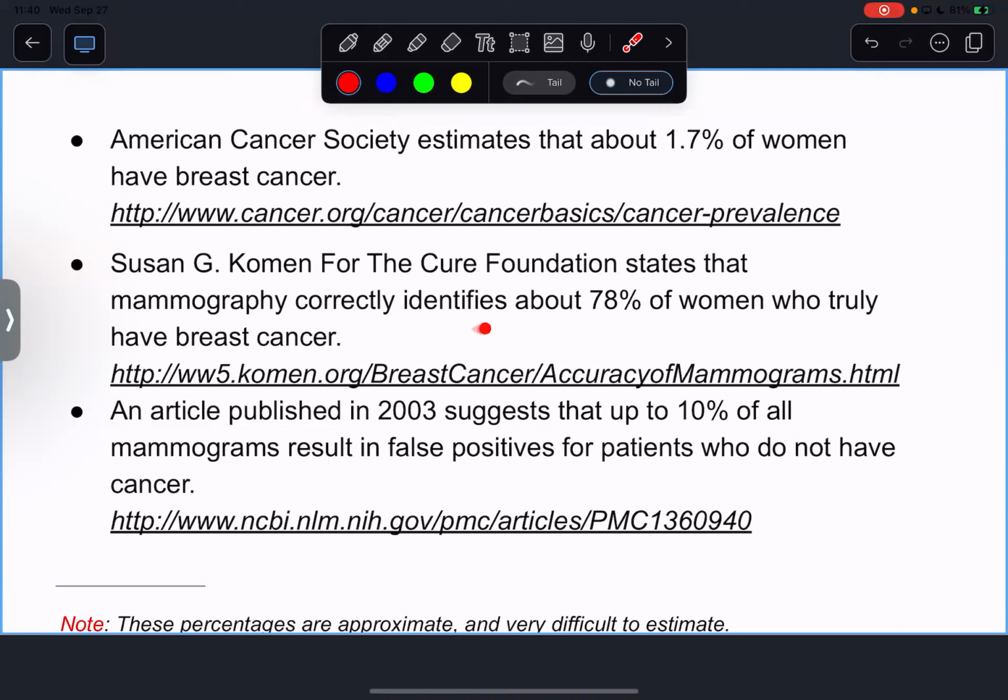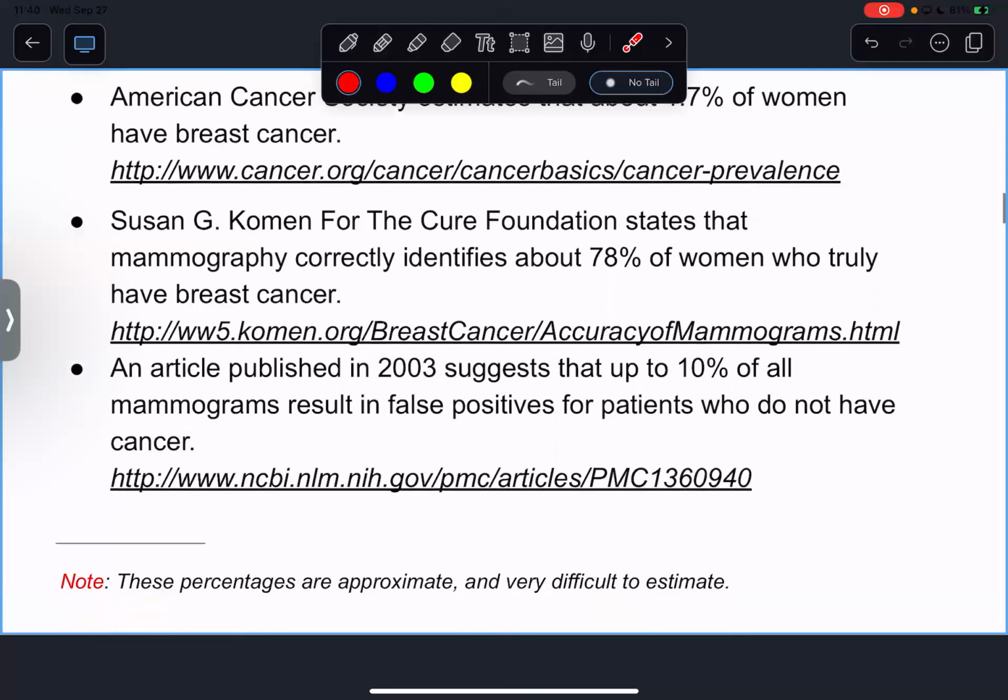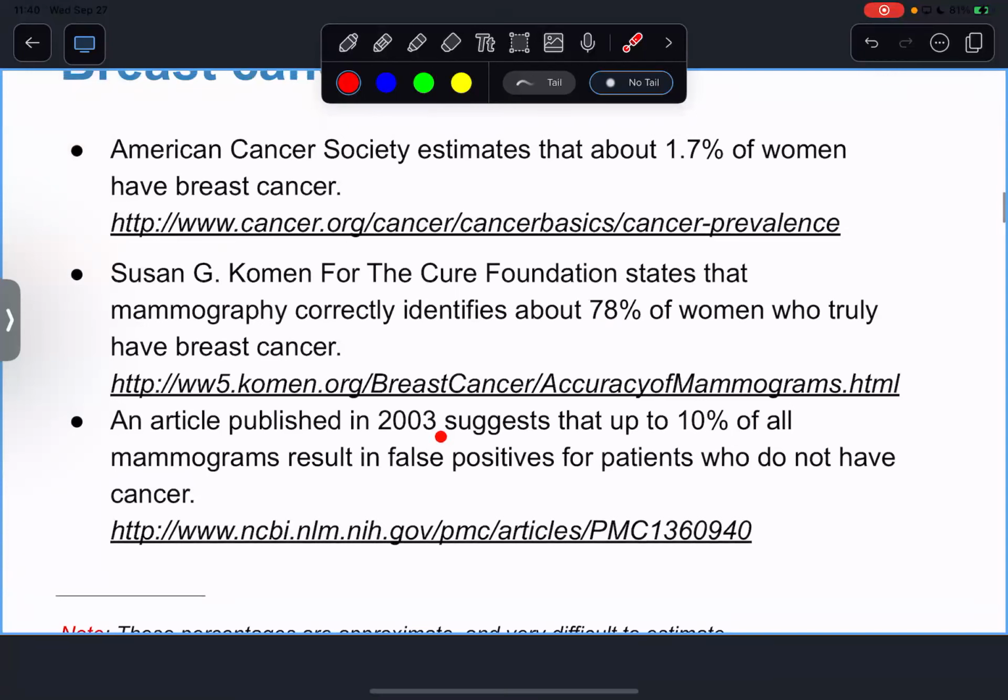Mammography correctly identifies about 78% of women who truly have breast cancer. And then an article published in 2003 suggests that up to 10% of all mammograms result in false positives for patients who do not have cancer. So there's a lot of layers going on here, right? Obviously there's a note here: these percentages are approximate and also dated, 2003. Hopefully we've improved a little bit, maybe, who knows?